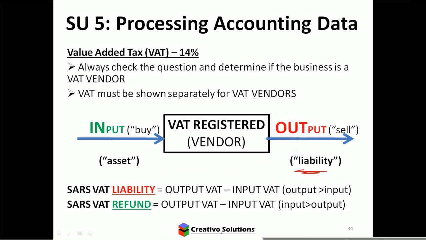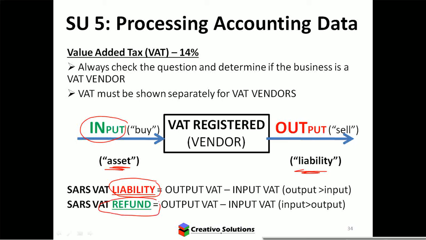And then we need to compare the two. If the liability is bigger than the asset, meaning I've got more output than input, will I have a liability or a refund? A liability. Exactly, because that means you're going to pay SARS more than you've claimed. Businesses that have a refund will be businesses that have more input than output.